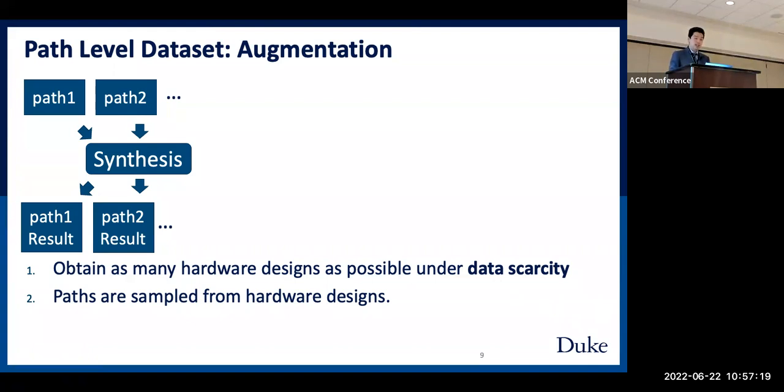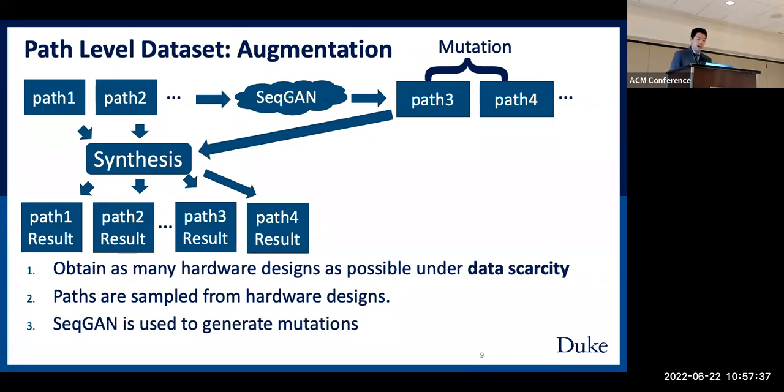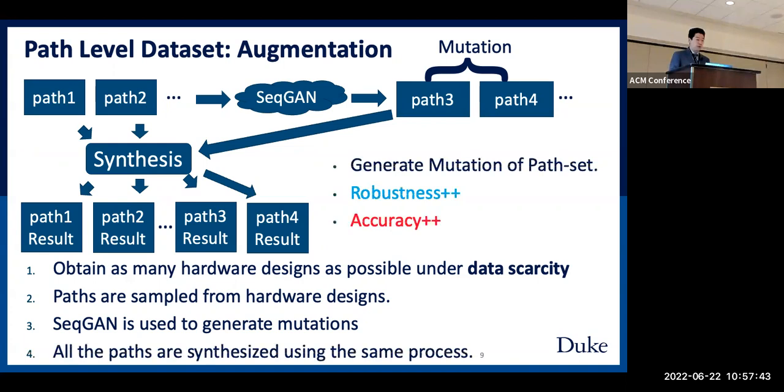To address this, we use a generative adversarial network based on SeqGAN that learns from existing paths and produces slightly mutated additional circuit paths. Both paths directly sampled from the open source designs and the paths generated from the SeqGAN model are synthesized using the same approach as before. This helps form a larger data set of path level synthesized data. So now that we have collected this larger data set, we can train the circuit former model to a higher accuracy and higher robustness than was previously possible.